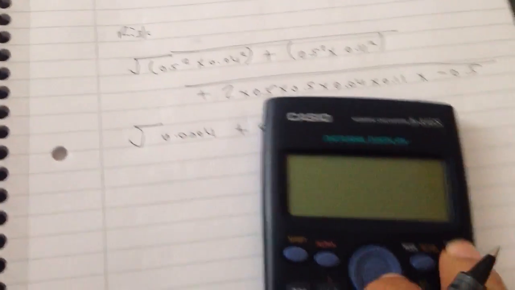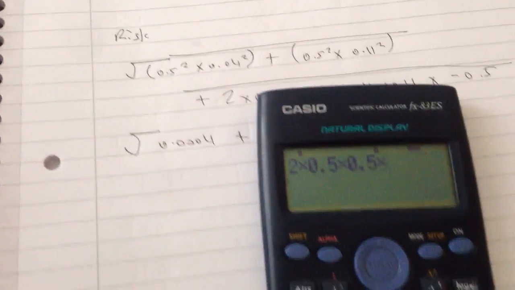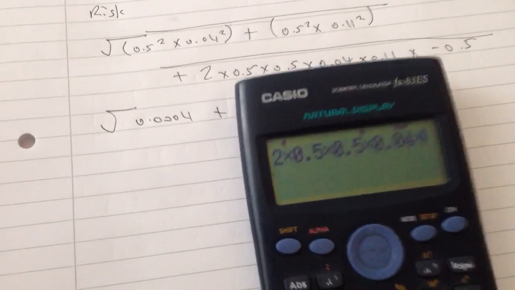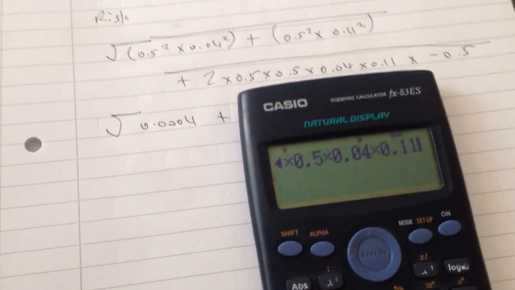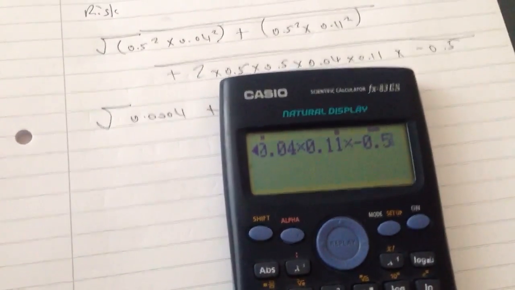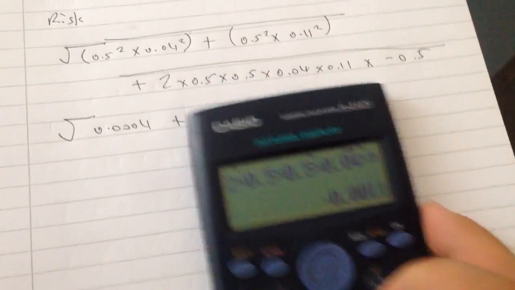And then that last bit, 2 times 0.5 times 0.5 times both our risks, 0.04 multiplied by 0.11 multiplied by minus 0.5, altogether equals minus 0.0011.